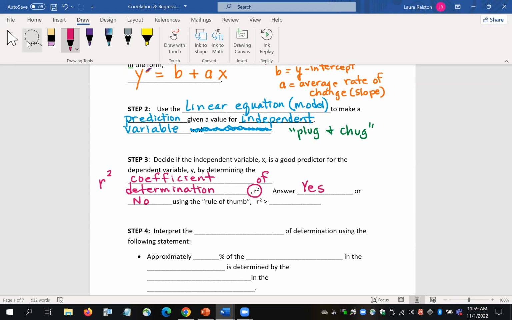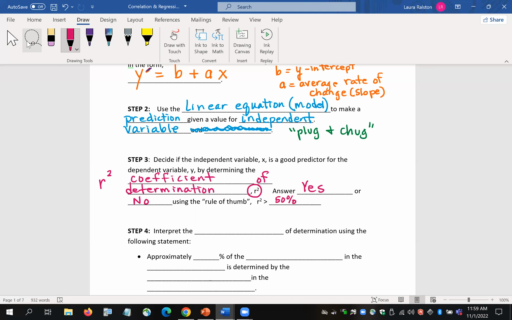And this is one area where we're going to kind of wave our hand a little bit. There are other more in-depth statistical analyses for making this determination, but we're going to stick with the rule of thumb that if R squared is greater than 50%, we're going to say, yes, it's a good predictor.